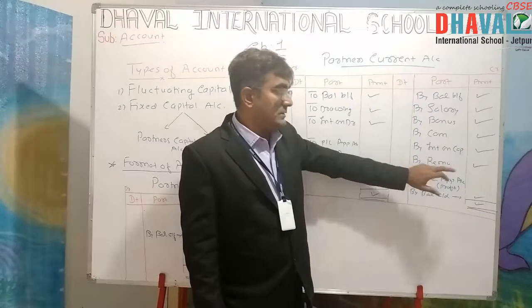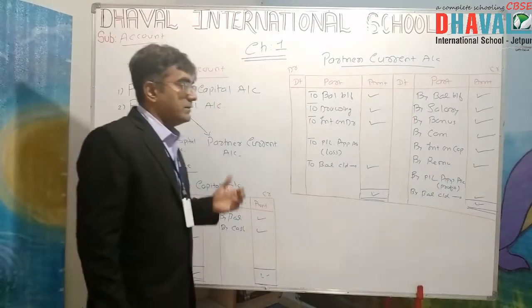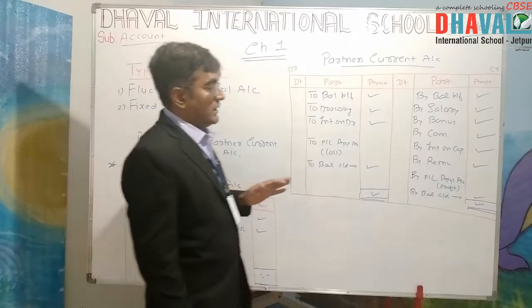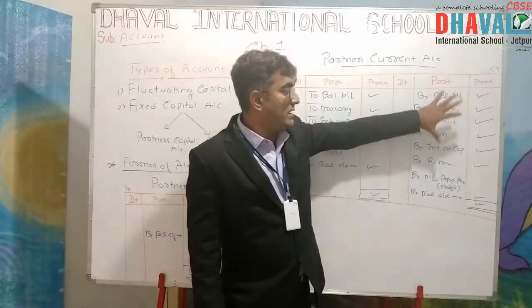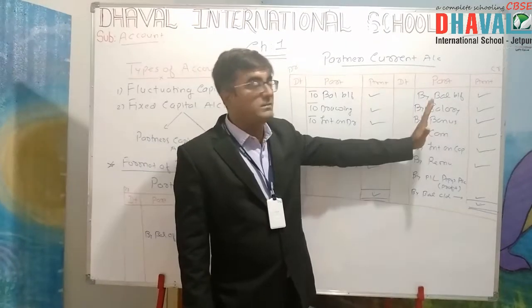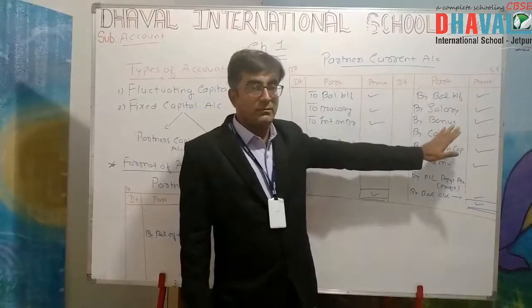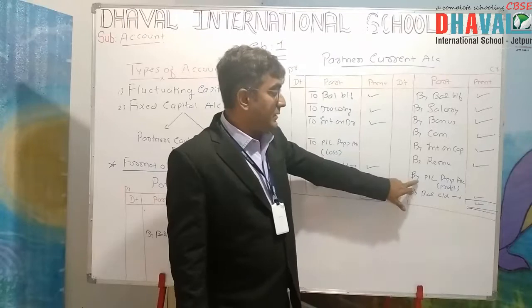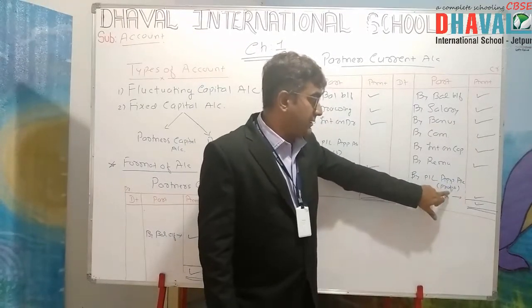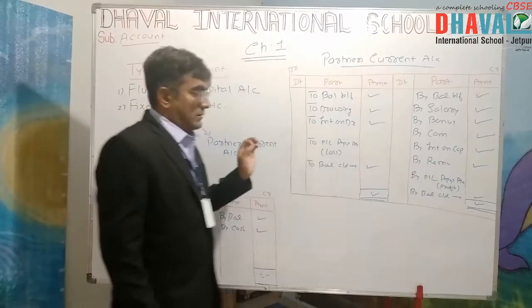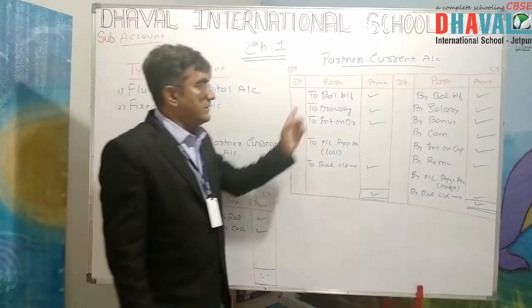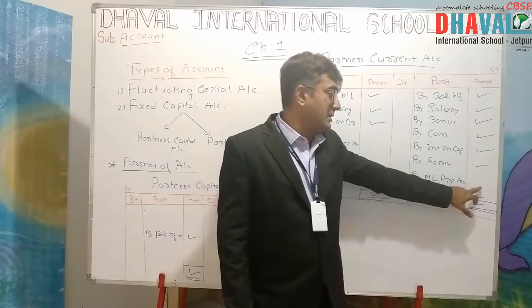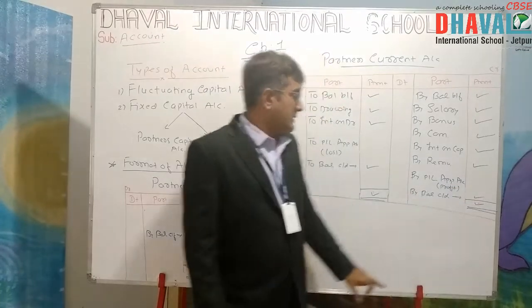By remuneration for doing any good work, if the company provides any type of remuneration, it is income for the partner. These are the main entries on the credit side of the partner's current account. Then by PL appropriation account, if you get any profit when you close it, mention it on the credit side of the partner's account.